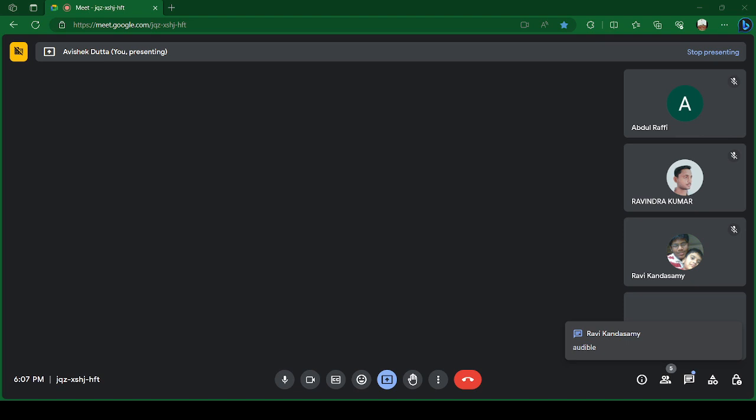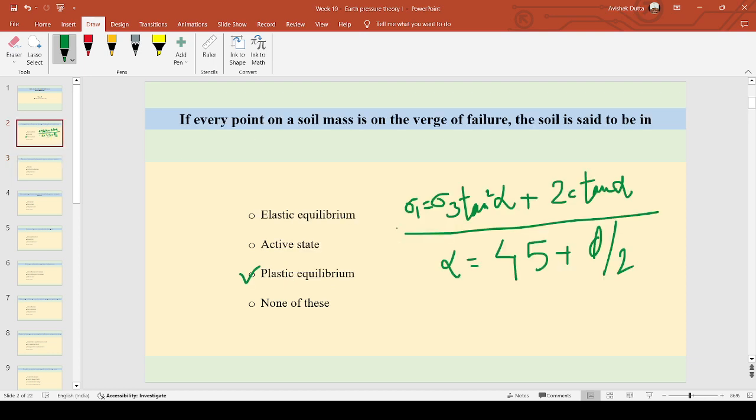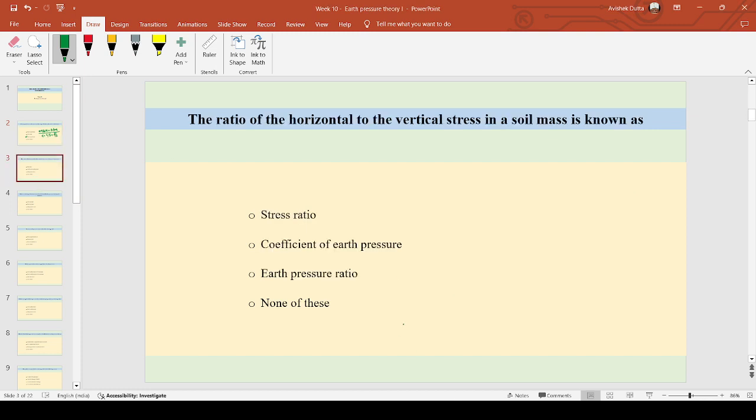Next question. Ratio of the horizontal to the vertical stress. What is it called? Coefficient of earth pressure. Yes, coefficient of earth pressure.